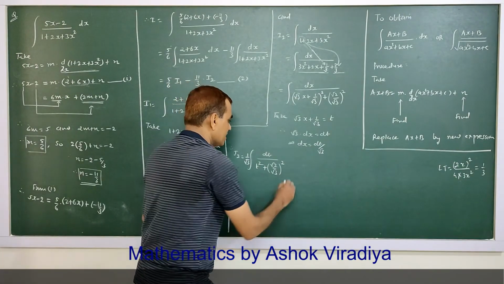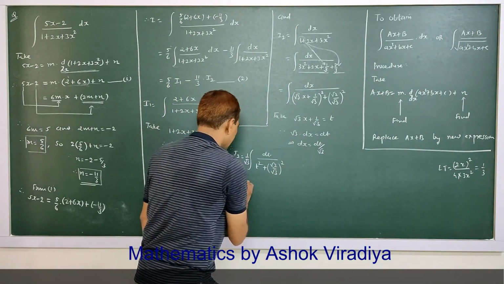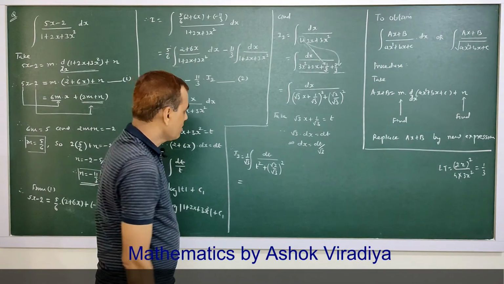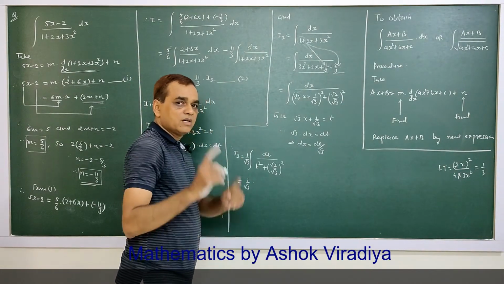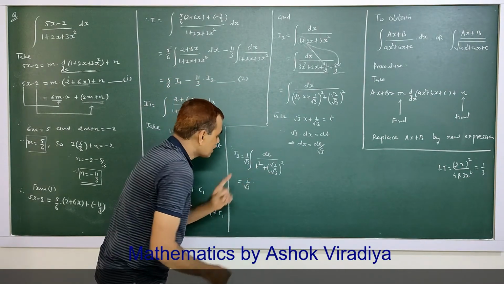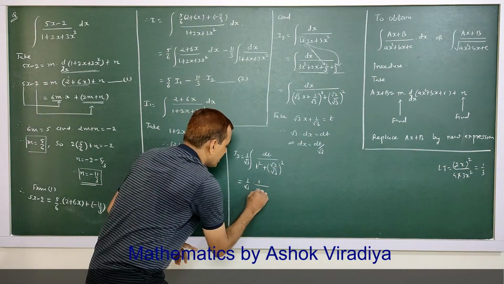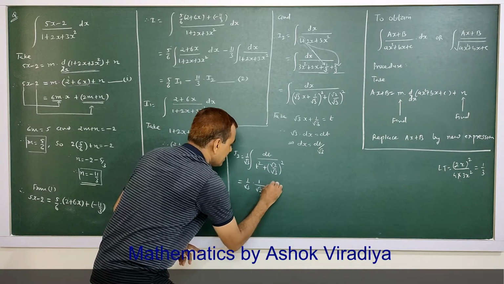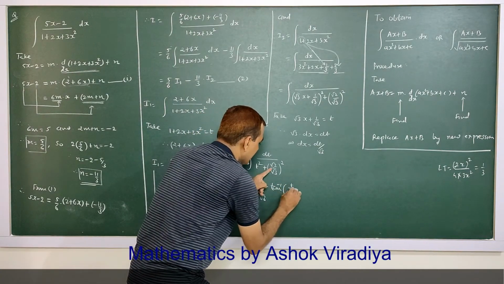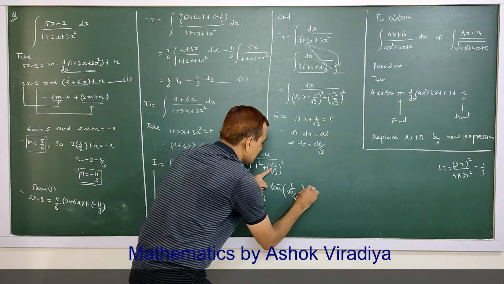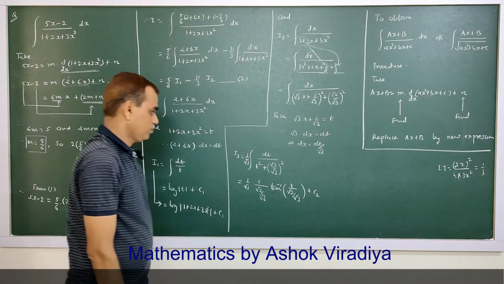So its integral is equal to 1 upon root 3, keep as it is. Now 1 upon x square plus a square, by formula, is 1 upon a tan inverse x upon a plus c2.